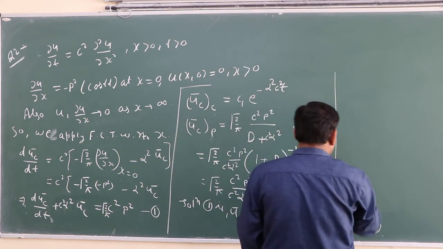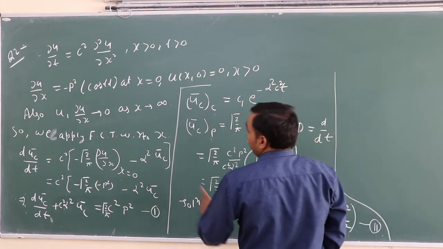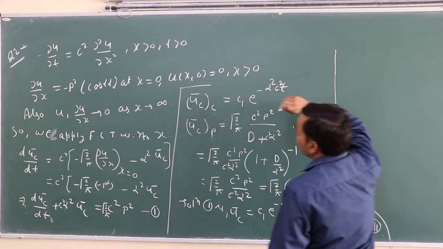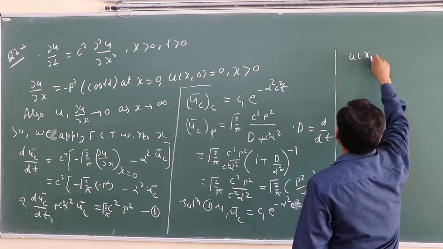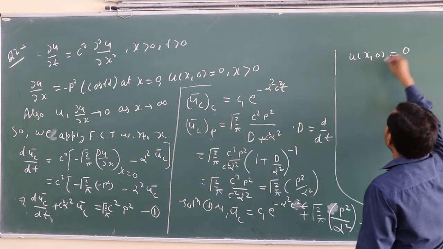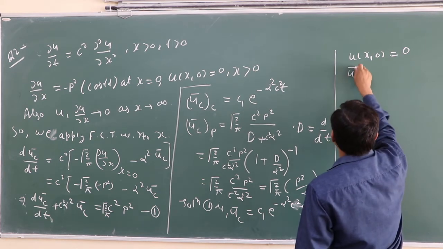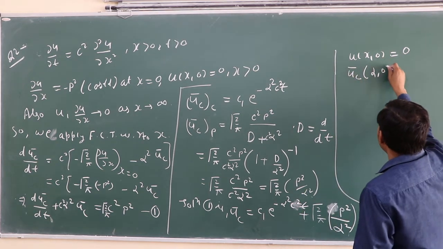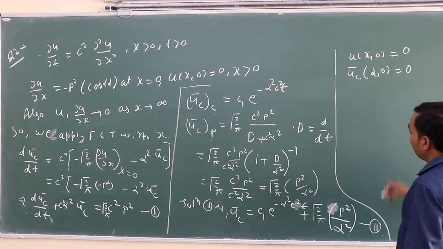Now our motive is to find the value of the constant c1. As given, u(x,0) equal to 0, so applying the Fourier transform on this becomes 0.